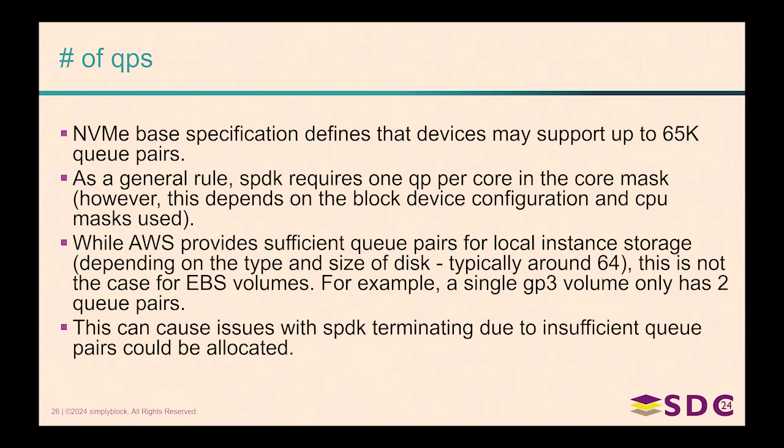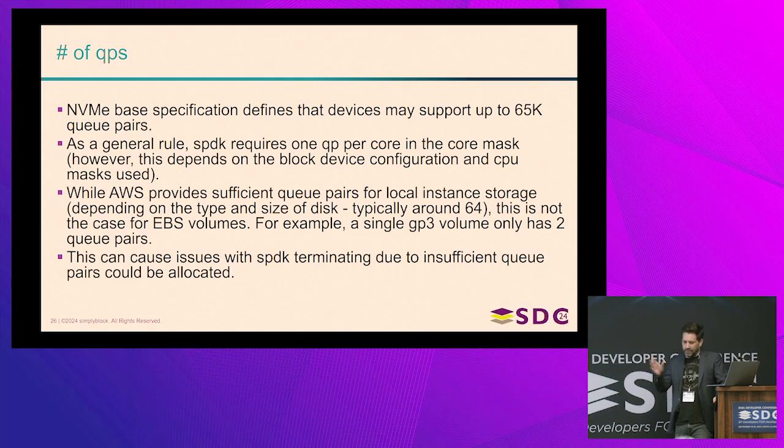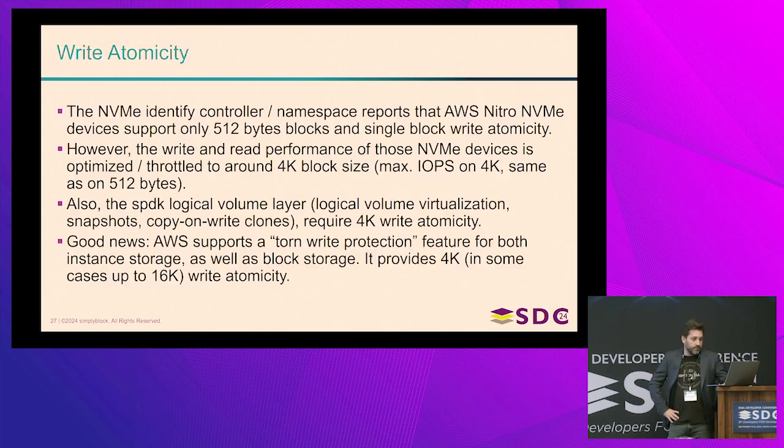That results in either a segfault or, so basically here you have to work around. So that's a little bit of an issue. This mapping doesn't hold. You can reduce the core masks. You can be more specific to limit the number of Q pairs that you need because there are just not more. The hardware doesn't give you more. So that's one of the other findings.